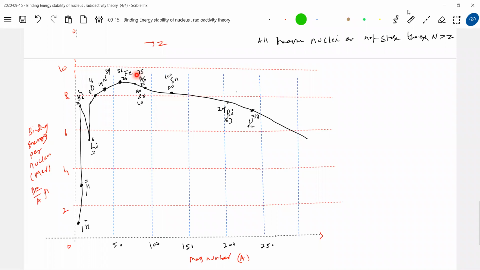Look at this one. These are middle weight, no? They are stable. And the lighter nuclei, you look at this. They're unstable. Then what about heavier nuclei? Though n is greater than z, they're unstable. The reason for that is binding energy per nucleon.